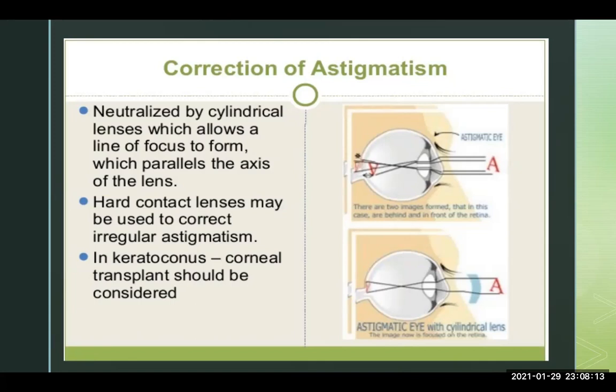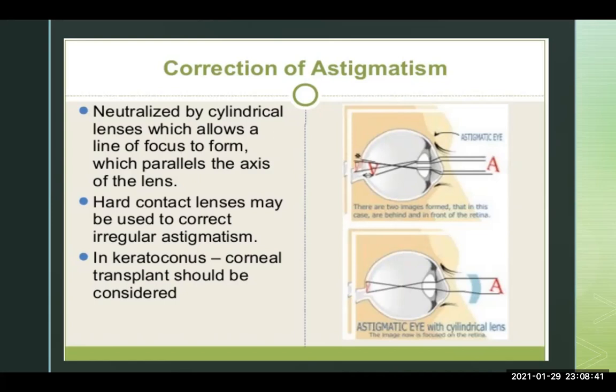This means that the lens will correct the different curvatures, one steep and one flat. So the lens will correct either to flatten the steep or to steepen the flat, to make both axes or two curvatures equal to each other, so that it will form a sharp image for the object.